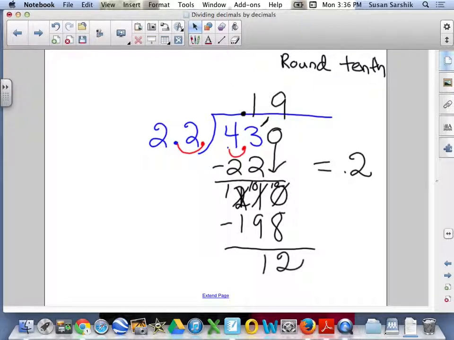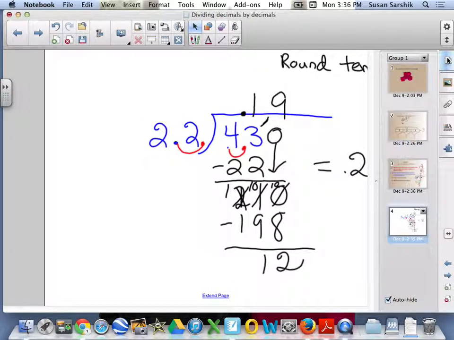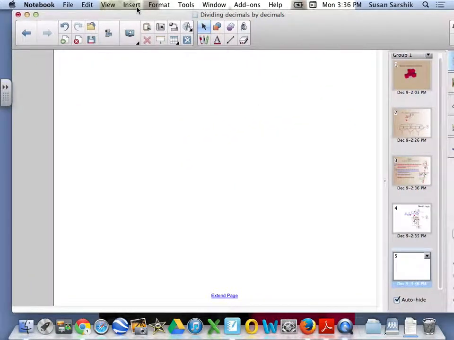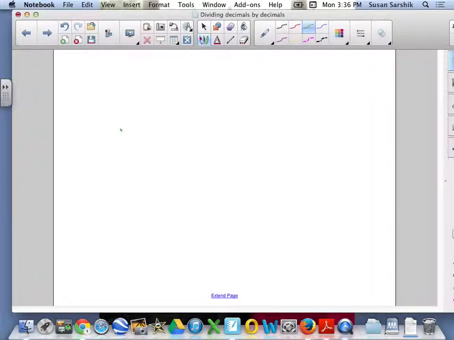Let's do one more as a sample. Okay, let's say I have 0.7 and the dividend is 73. Let's make this easy.